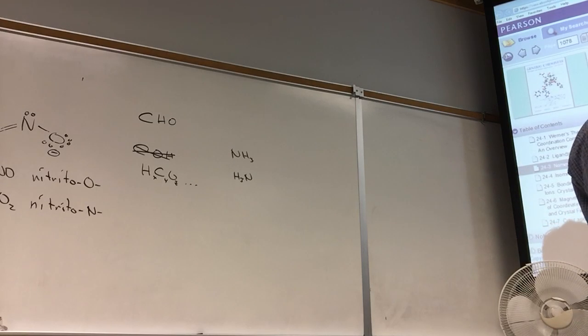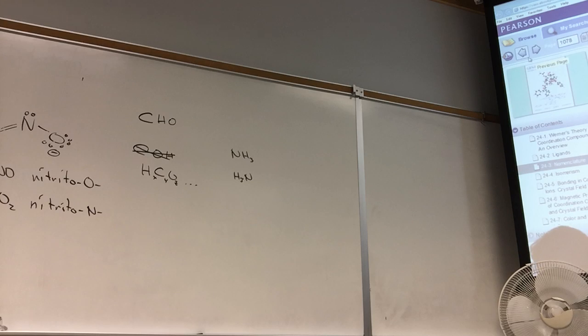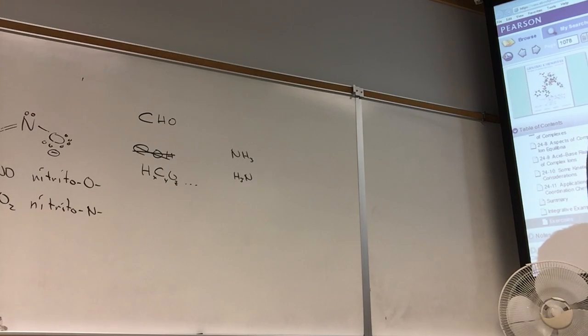These are monodentate ligands. What are some of these other ones? There's one called thiocyanate. Thiocyanate can bond through either the nitrogen or the sulfur, so we have thiocyanate-N and thiocyanate-S. These are versatile in that sense, that they can bond either way. All right, let's go back to the exercises here.